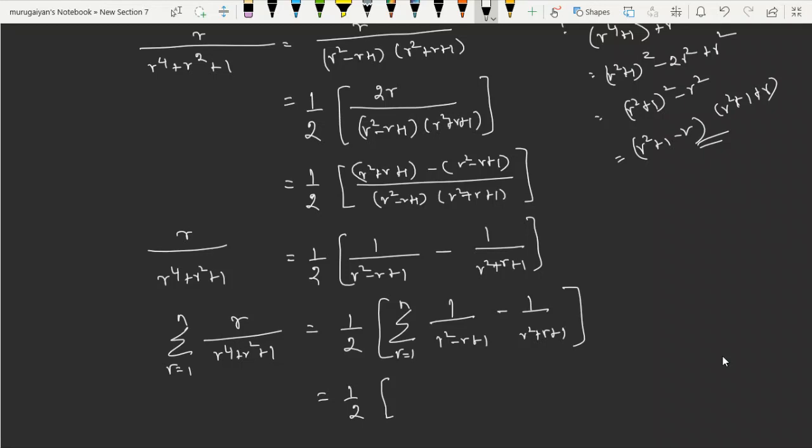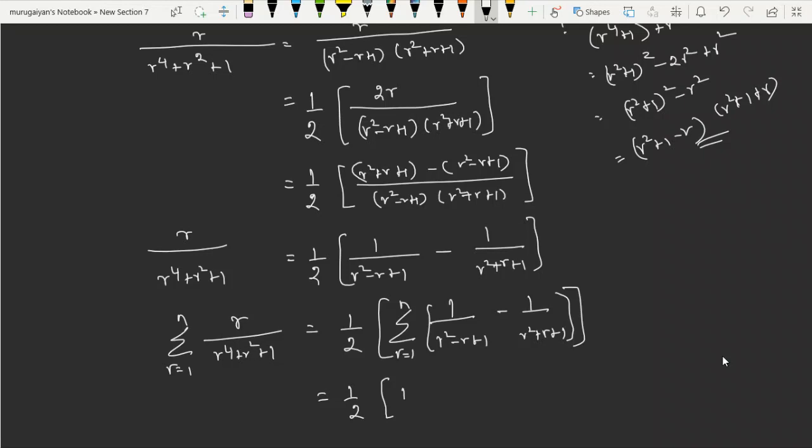If you take r equal to 1, this is the highest term: 1 by 1, that is 1. 1 is the largest term, the maximum value.